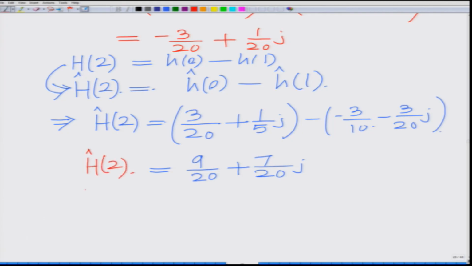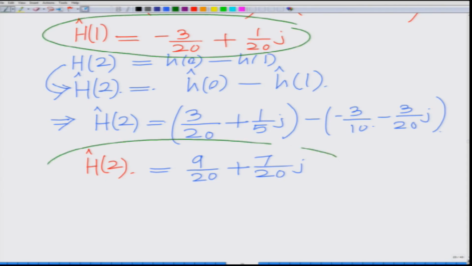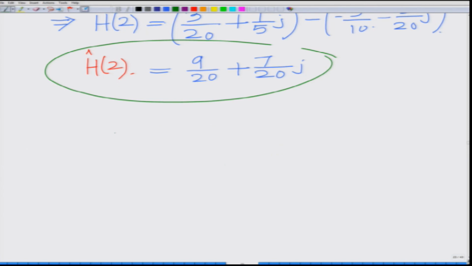So, now we have calculated the value of H hat 0, and this is the value of H hat 2. Let us write this down again. So, H hat 0 equals minus 3 by 20 plus 1 by 20 j.